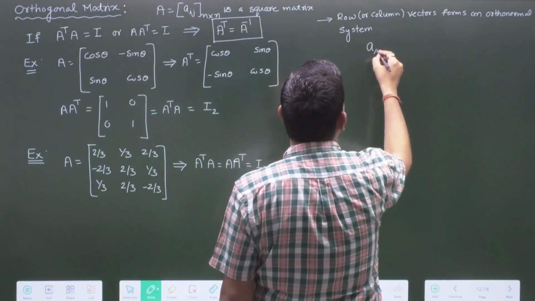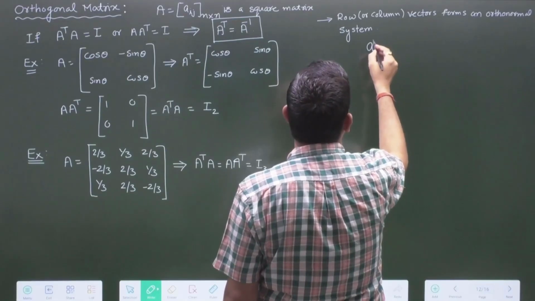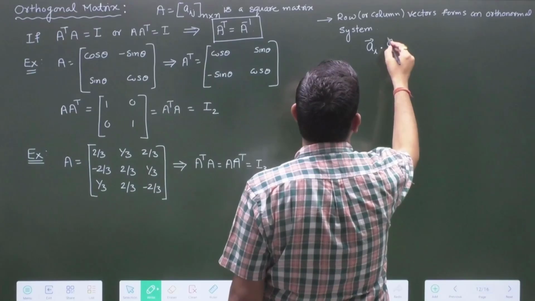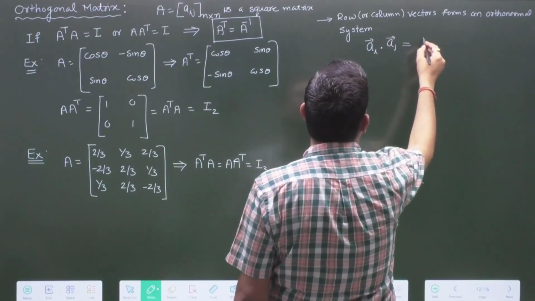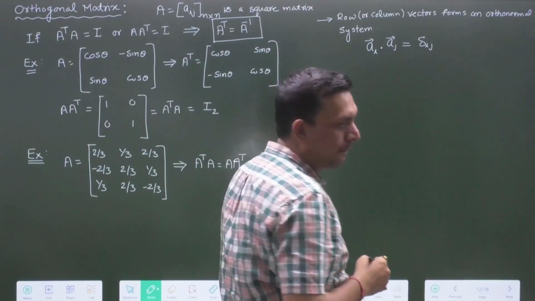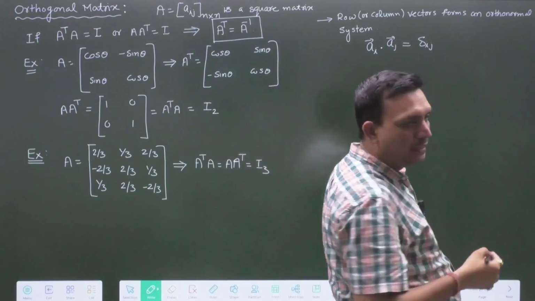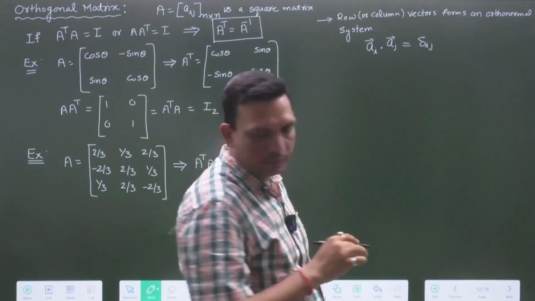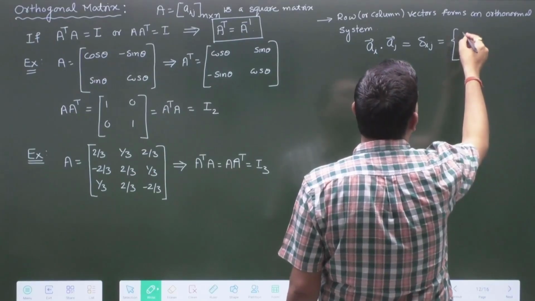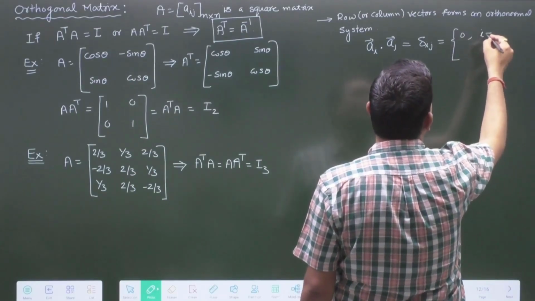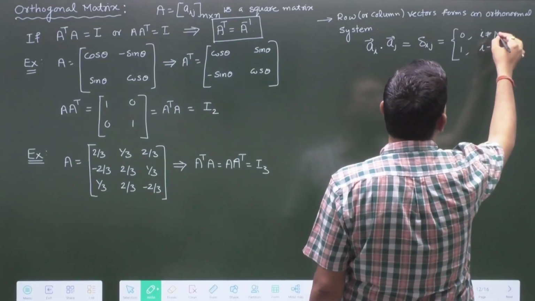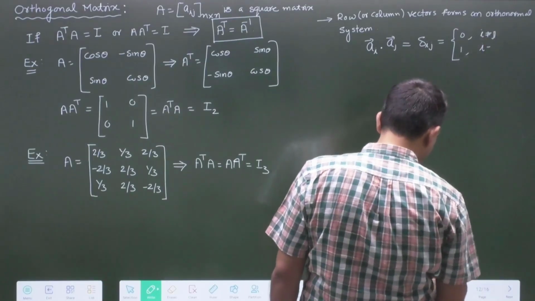Let you have Ai dot Aj. This must be the Kronecker delta, where Ai is either a row vector or a column vector, and this should be 0 if i is not equal to j, and this is 1 if i is equal to j.